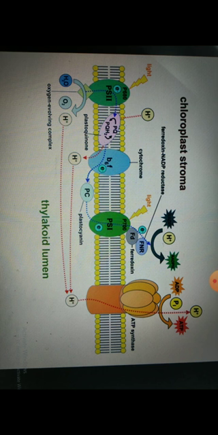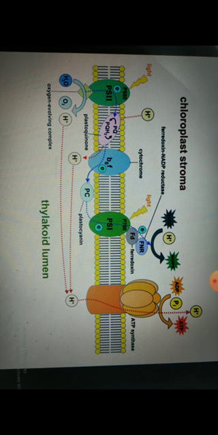There is one important protein complex present on the thylakoid membrane, which is known as ATP synthetase. Why ATP synthetase? Because this is the enzyme, the protein, which synthesizes ATP. Now how? These protons inside the thylakoid lumen travel through this ATP synthetase complex.